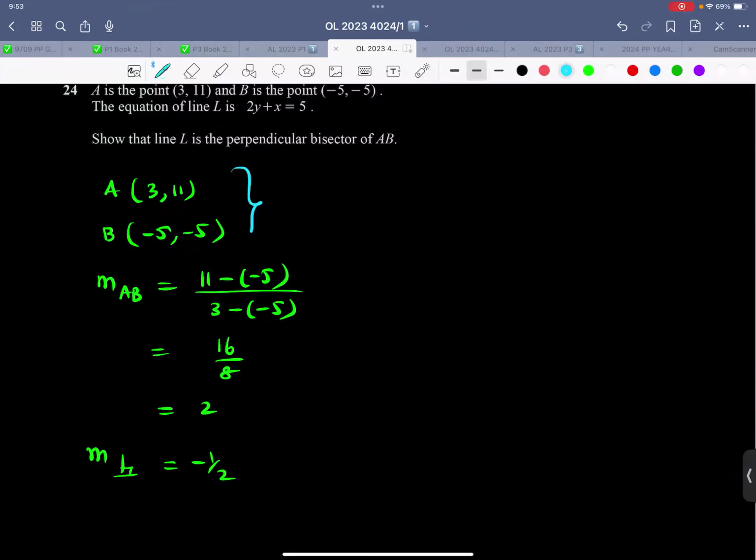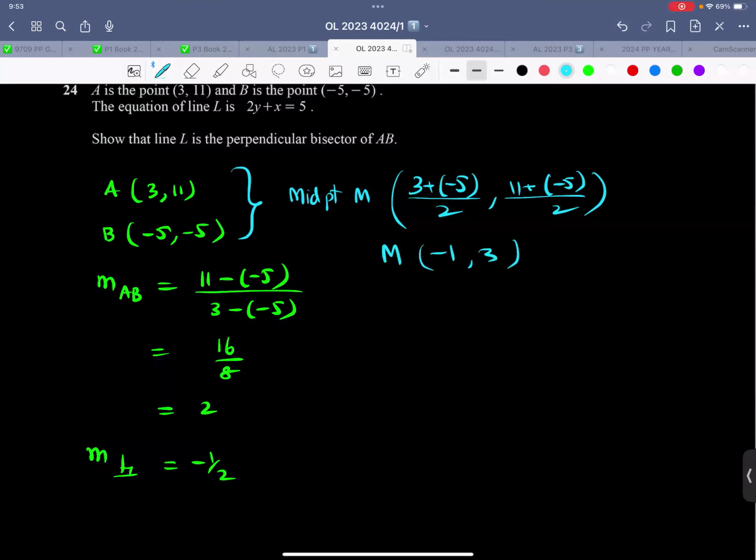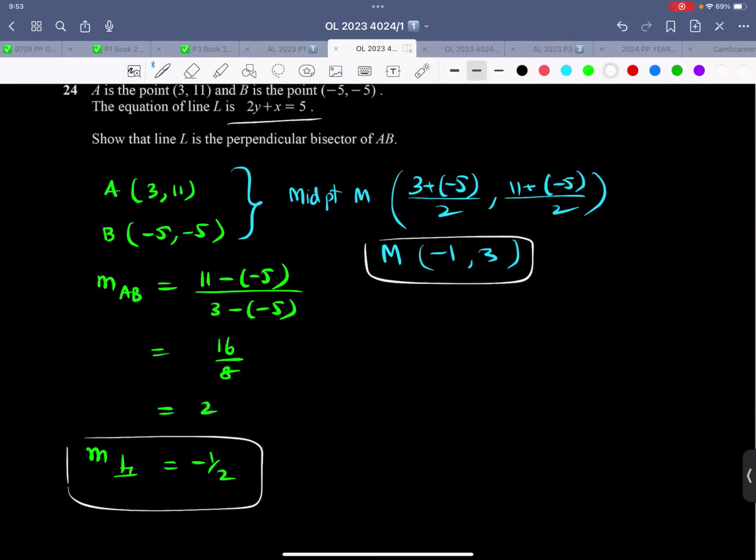And also, the midpoint M of AB, that should be 3 plus negative 5 divided by 2, 11 plus negative 5 divided by 2. Minus 2 over 2, negative 1. 11 minus 5 is 6. 6 over 2 is 3. This is M. So now let's take M, take this gradient and find this line.